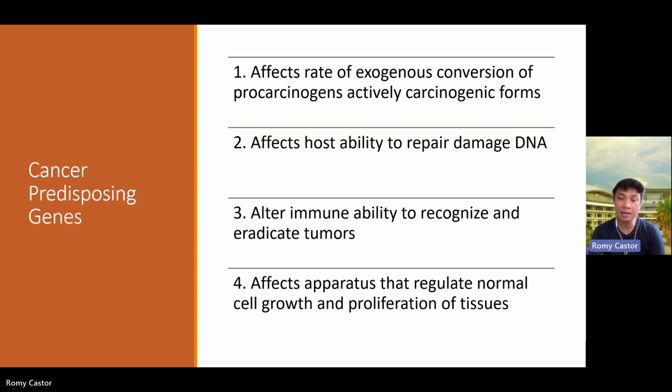And number 4, the cancer predisposing gene affects the apparatus that regulates the normal cell growth and proliferation of the tissues. So again, this inhibits the normal functioning of our immune system, its ability to recognize and to eradicate the tumor or cancer in our body.